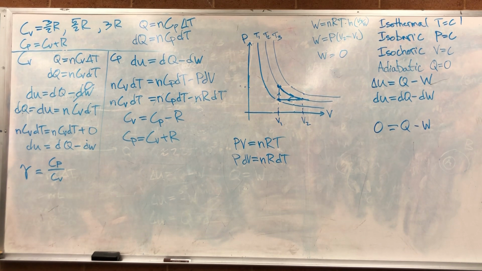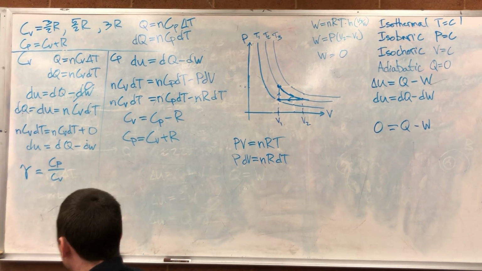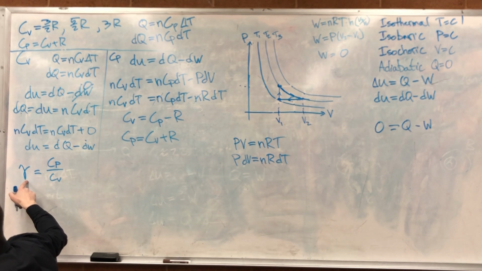Isn't that just R? No, not necessarily. It's definitely not R, actually. The R's cancel out. Let's think about helium, the problem that we got stuck on forever because we didn't know gamma for helium and had to look it up. Helium is a monatomic gas.